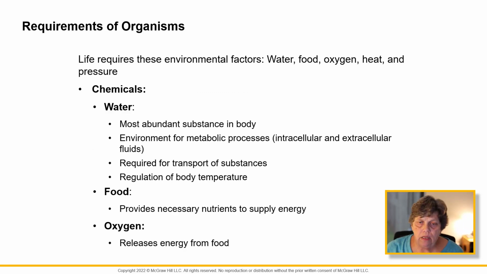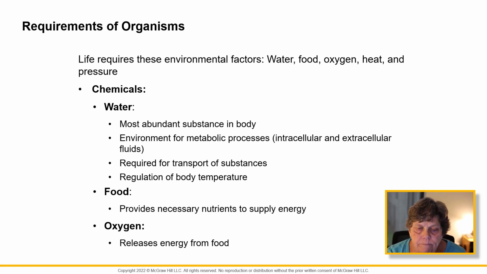All right. So some of the things we absolutely have to have, that we consider requirements for living organisms, are the basics: water, food, oxygen, heat, pressure. Water, the most important requirement. Even your little tiny bacteria have to have water.